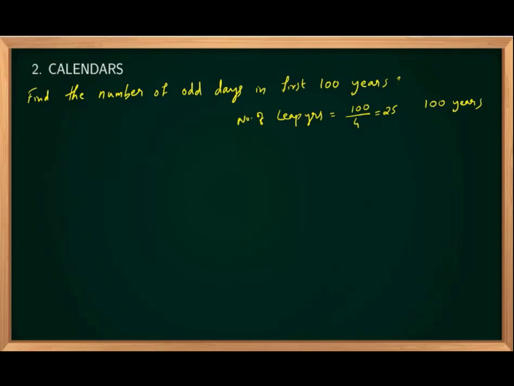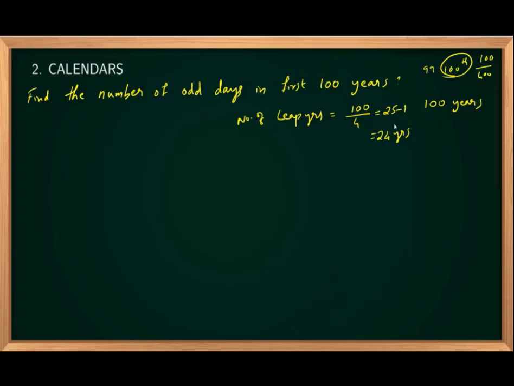But I asked you to find the odd days in the first 100 years, and the 100th year is not a leap year, since 100 is not divisible by 400. So minus 1, 24 leap years in total.